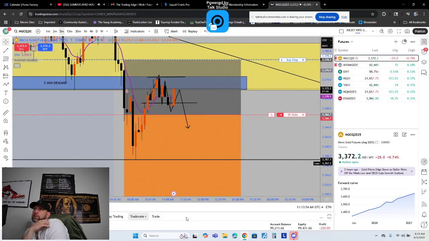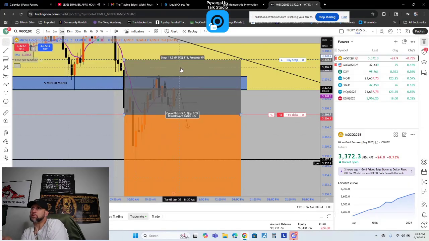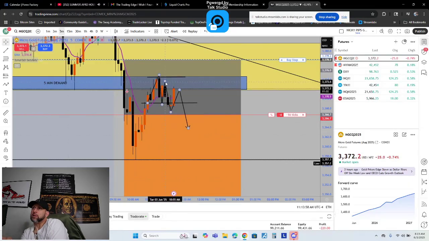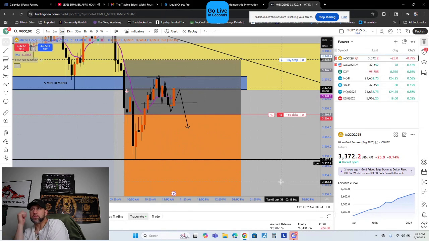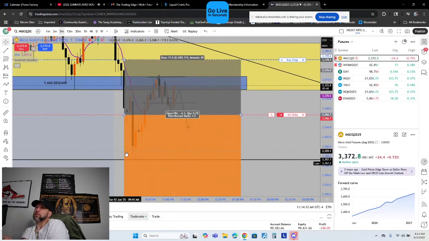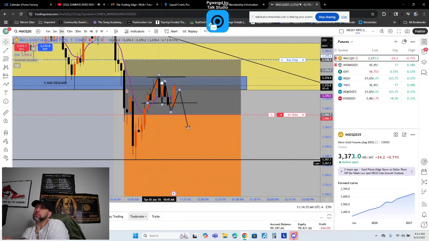So if it does break above that previous candle right here, more likely it'll invalidate the push down. It's going to continue to push up. So it's going to be basically a continuation of this thing.